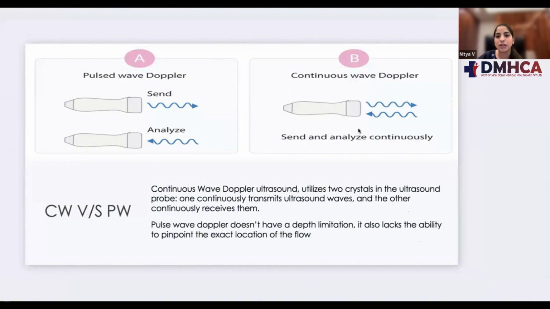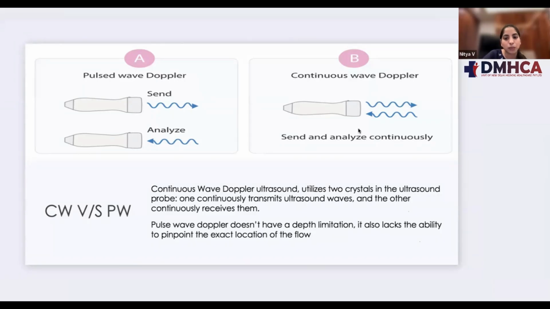The basic difference between pulse wave and continuous wave Doppler is that the continuous wave Doppler sends and analyzes the sound wave in a single beam. But the pulse wave Doppler sends the ultrasound beam and the sound wave, and it lacks the ability to pinpoint the exact location of that flow. So it is sending in one go and then analyzing in the other beam.